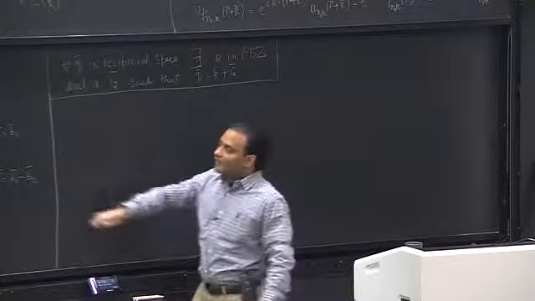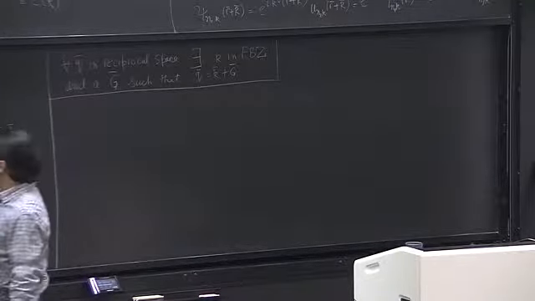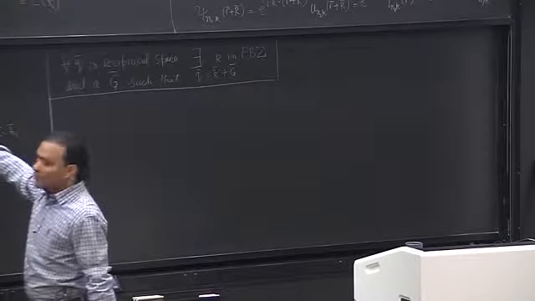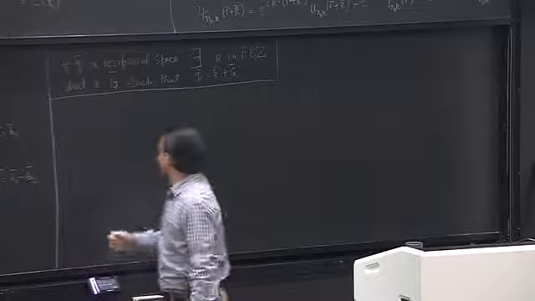Any point in reciprocal space, say some point over here, can be written as some point over here plus some reciprocal lattice vector.